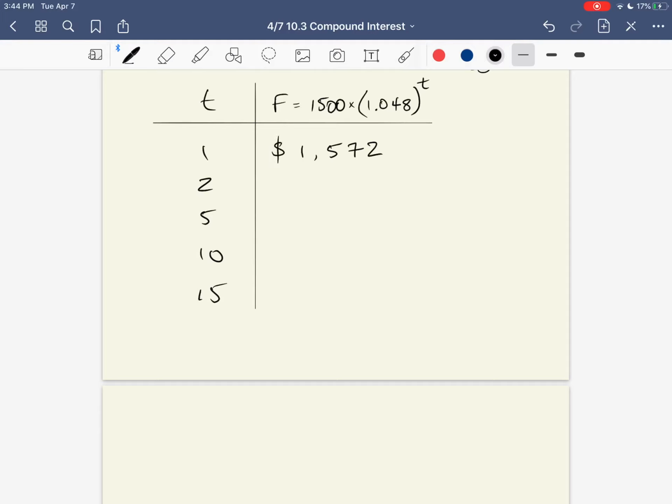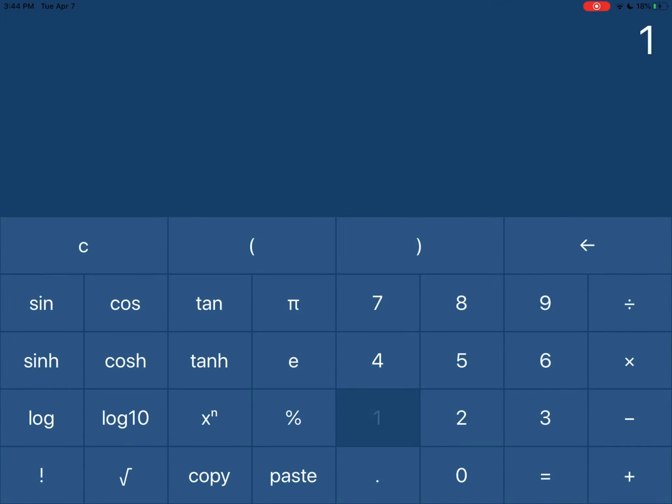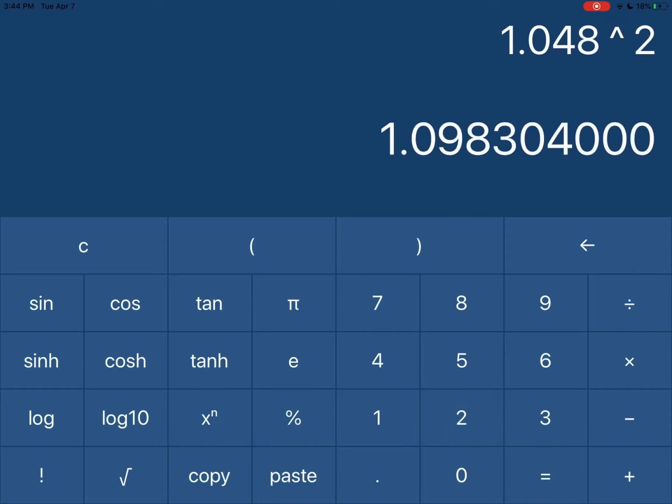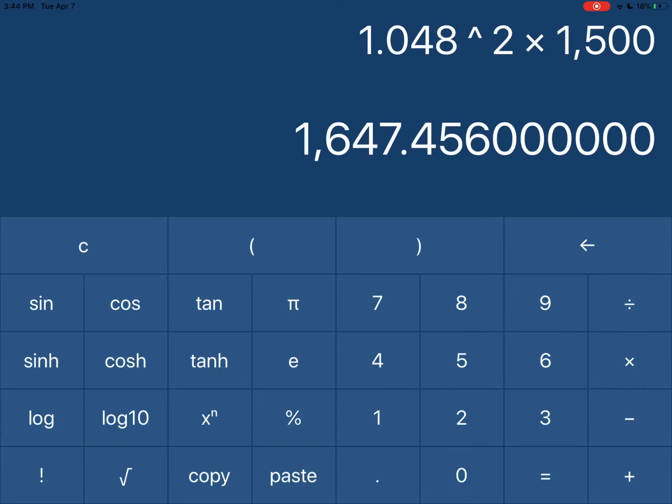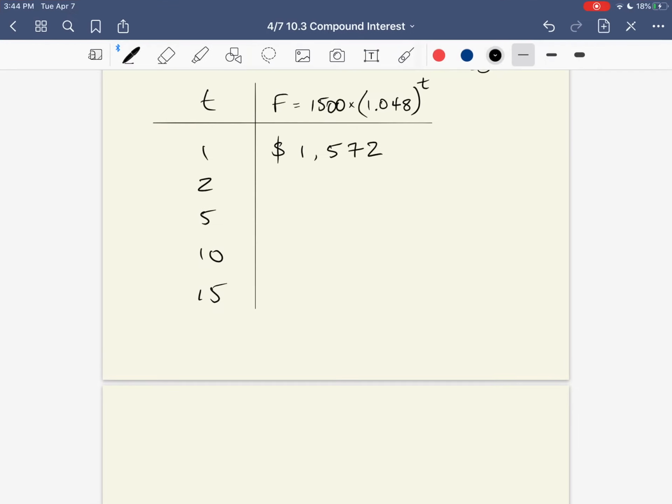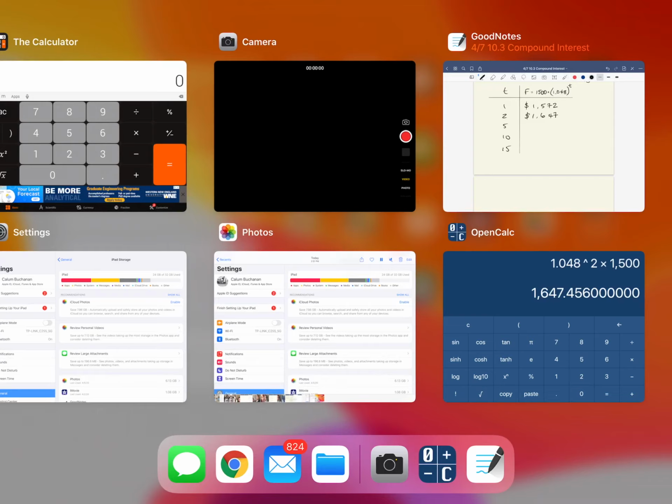How about 2 years? Well, then we'll raise 1.048 to the 2. 1.048 squared is 1.0983, and so on. We'll multiply that by 1,500 to find that after 2 years, you would receive $1,647.46 back.